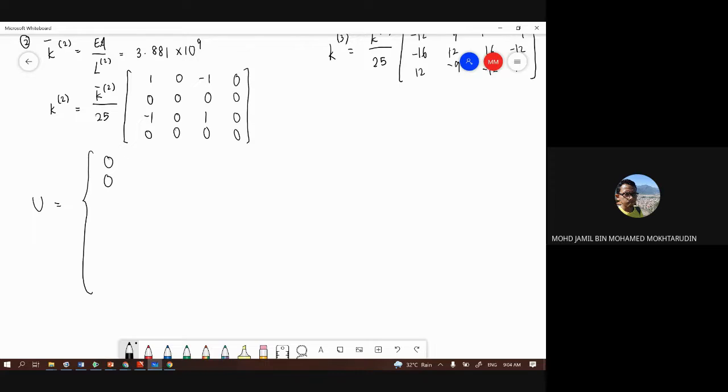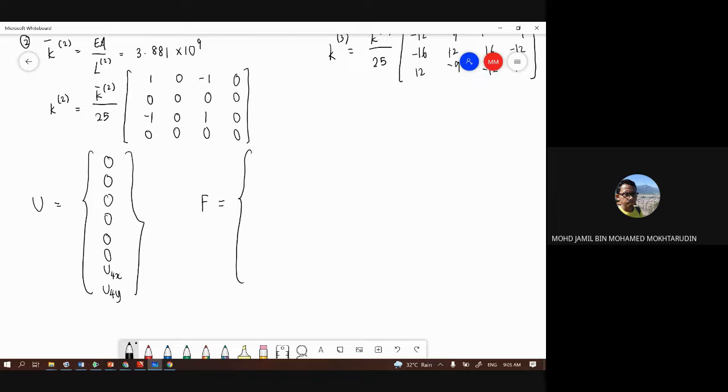Okay, so the displacement for node 1, node 2, node 3 are 0. And for node number 4, we have u4x and u4y. So we need to determine these two displacements.